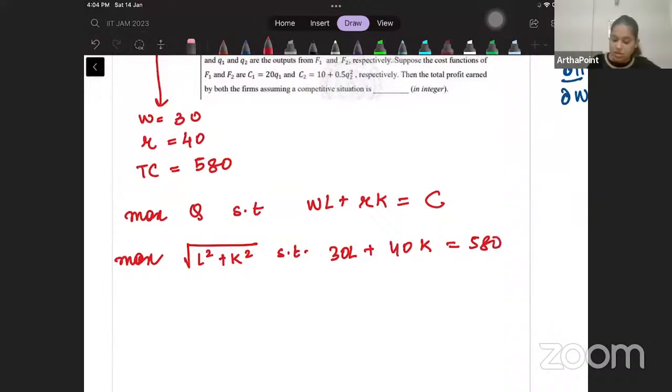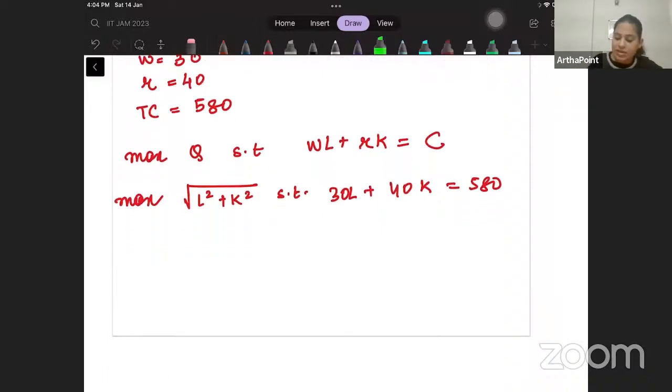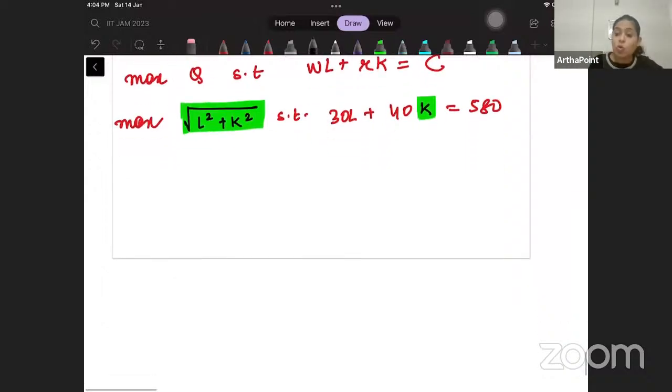Right? And either you can form Lagrange if you want, or you can do by method of substitution, up to you. So method of substitution kya hoga ki from here you can find the value of L or K and put it back here and just maximize it. So you can also use MRTS is equal to MPL by MPK.